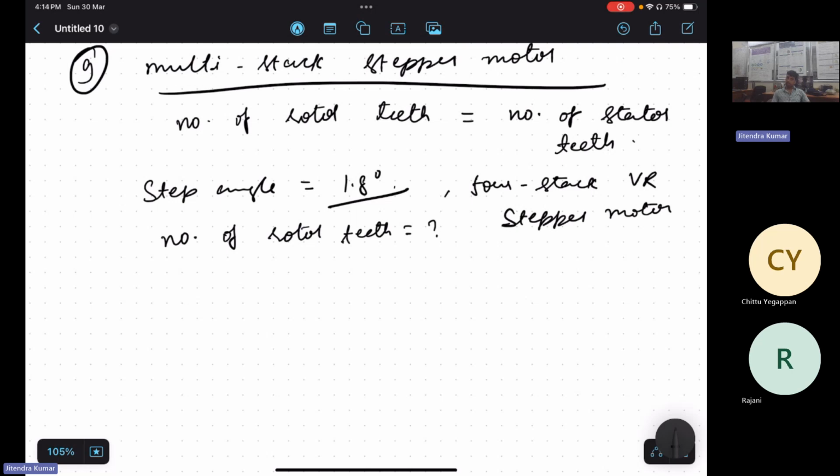Calculate the number of rotor teeth, then automatically you will get the number of stator teeth, which will be equal to the number of rotor teeth. So what is the relationship between the number of rotor teeth and the step angle in this multi-stack stepper motor? Step angle equals 360 by M into NR.